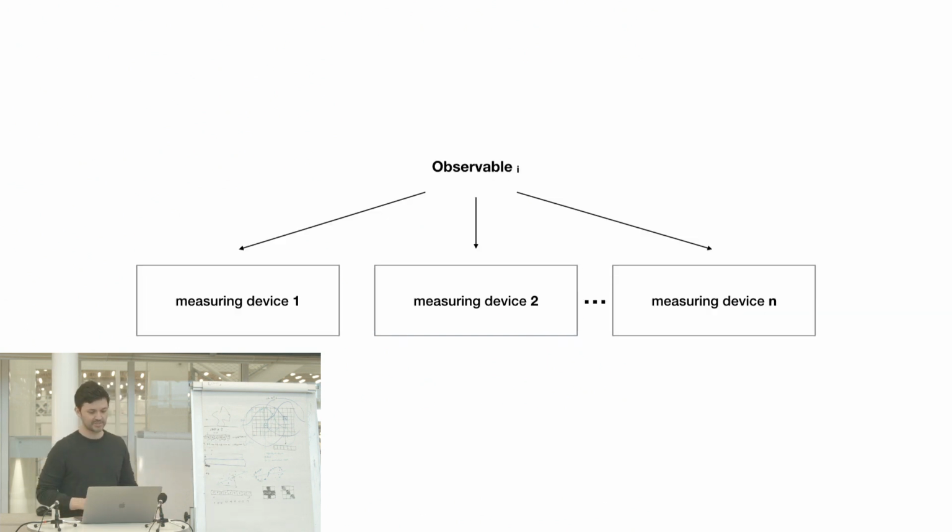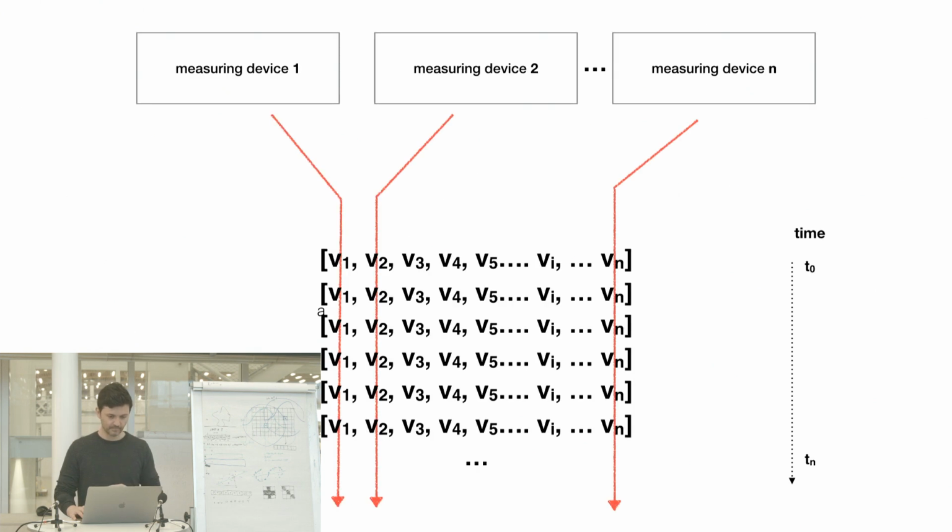So practically, I have a number of observables, for example, 1,000. Then I need 1,000 measuring devices, or whatever number. Yeah? Each measuring device I feed into a certain dimension. So if I have an n-dimensional vector, as you can see on the image, dimension 1 will be measuring device 1. Dimension 2, measuring device 2. So measuring device 1,000, dimension 1,000.